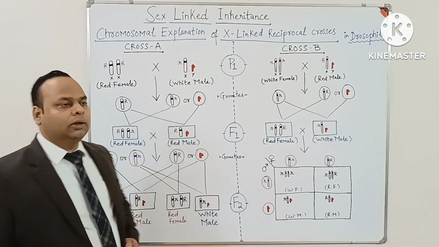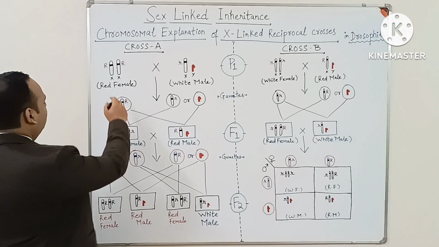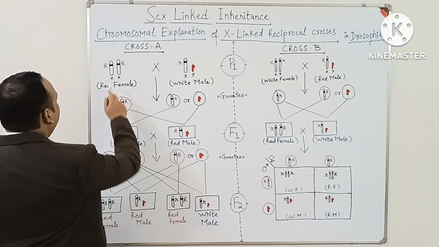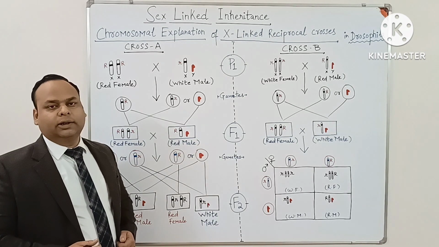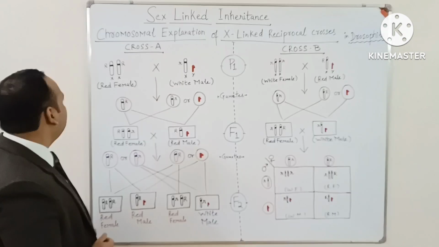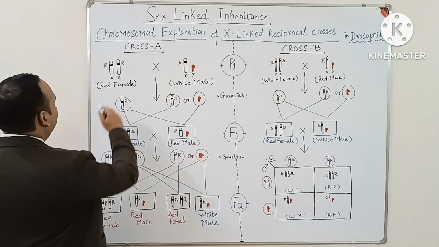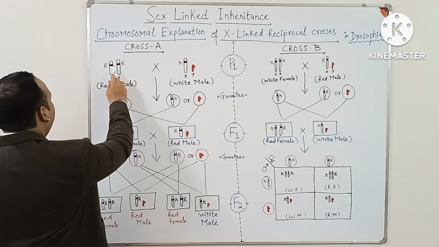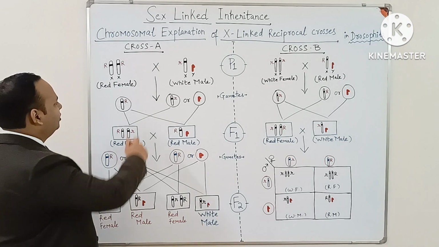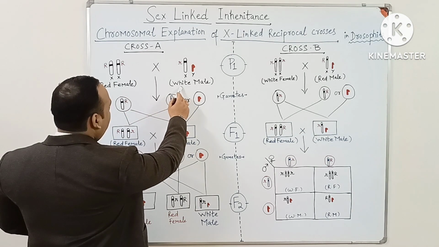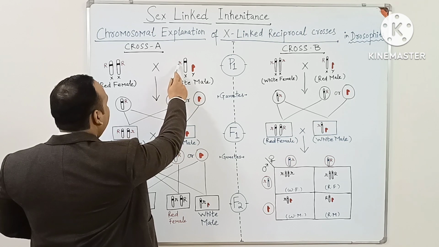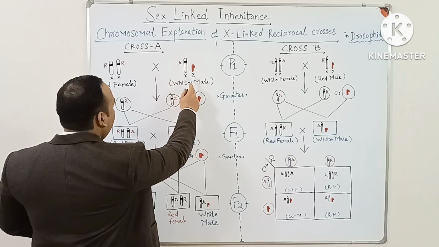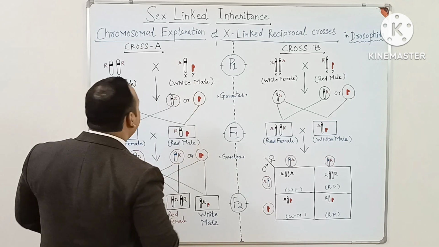Here we have a female Drosophila showing two X chromosomes, which is homozygous dominant for red eye character. The dominant gene for red eye color is represented here by capital R. This female Drosophila is crossed with a white male having a recessive gene small r on the X chromosome and a Y chromosome.